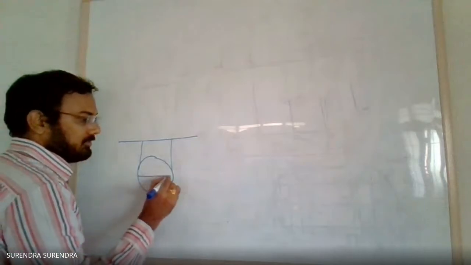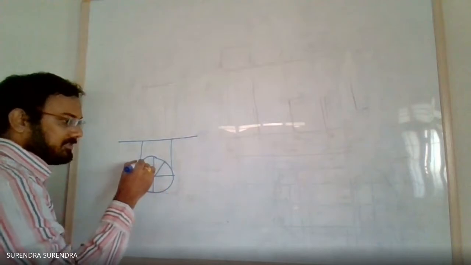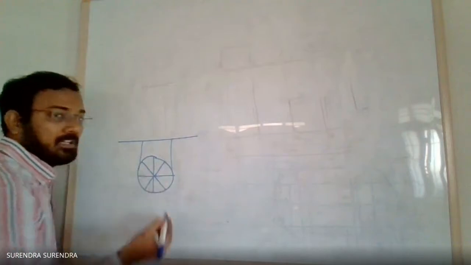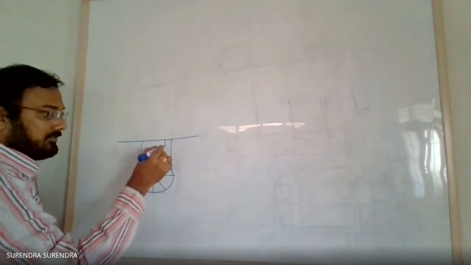Divide this circle into 8 or 12 divisions. Project each and every point.